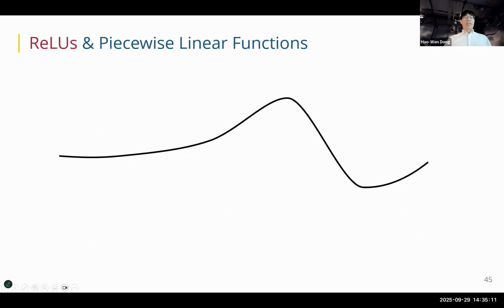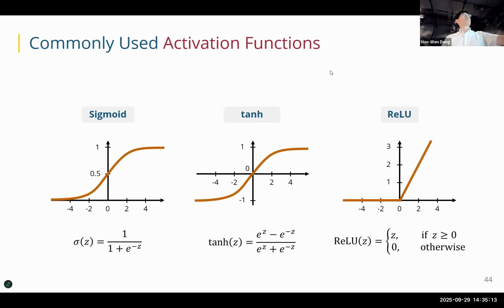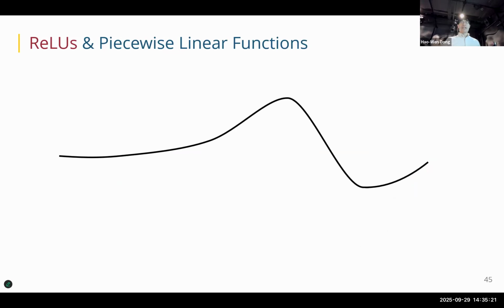So ReLU is actually nowadays what people have been using most frequently. Actually not sigmoid or hyperbolic tangent anymore. So this ReLU function actually has a very easy way so that we can look at it.